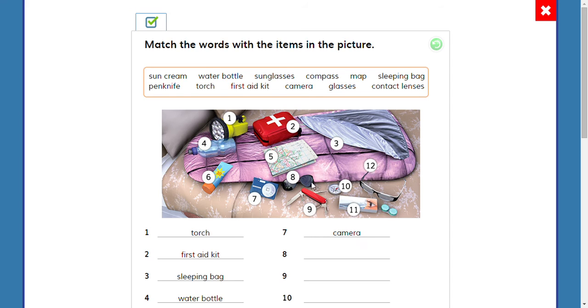Number 8. Very easy. When it's sun, you wear sunglasses. Number 9. Oh, I have those tools for an emergency. It's a pen knife.